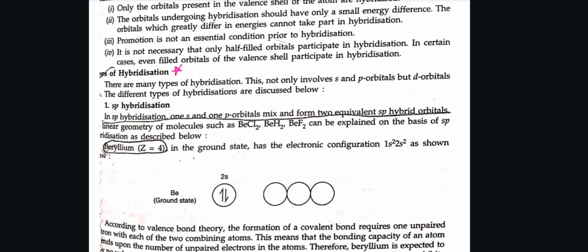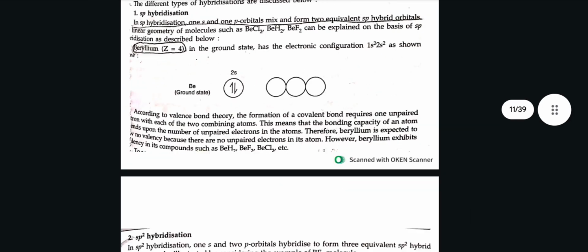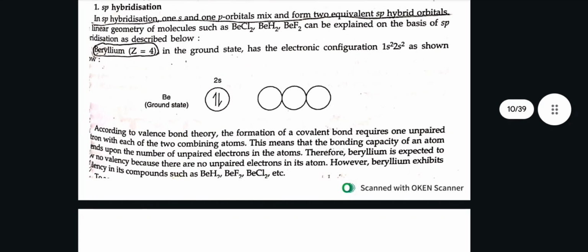The linear geometry of molecules such as BeCl2, BeH2, and BeF2 can be explained on the basis of sp hybridization, as described below. Beryllium, whose atomic number is 4, has the ground state electronic configuration 1s2 2s2, as shown below. According to valence bond theory, the formation of a covalent bond requires one unpaired electron from each of the two combining atoms.